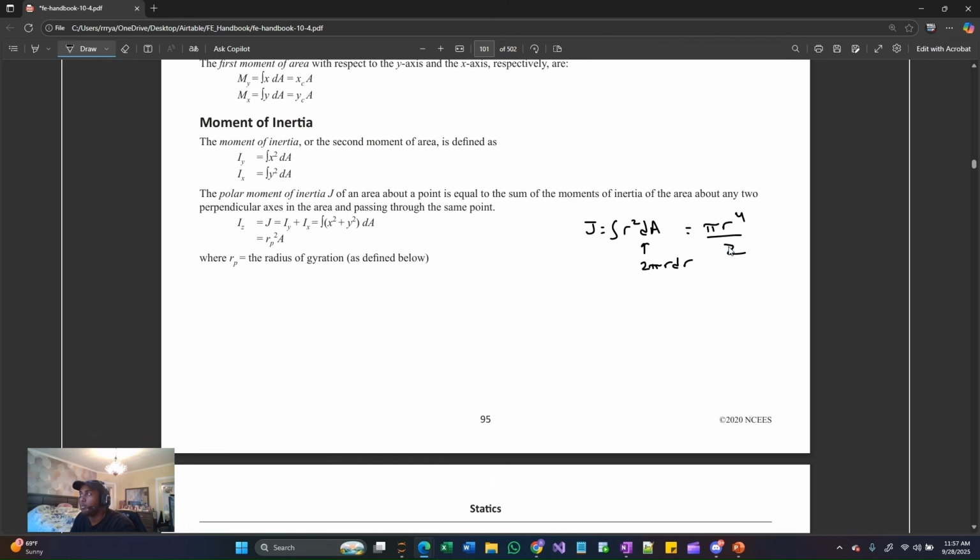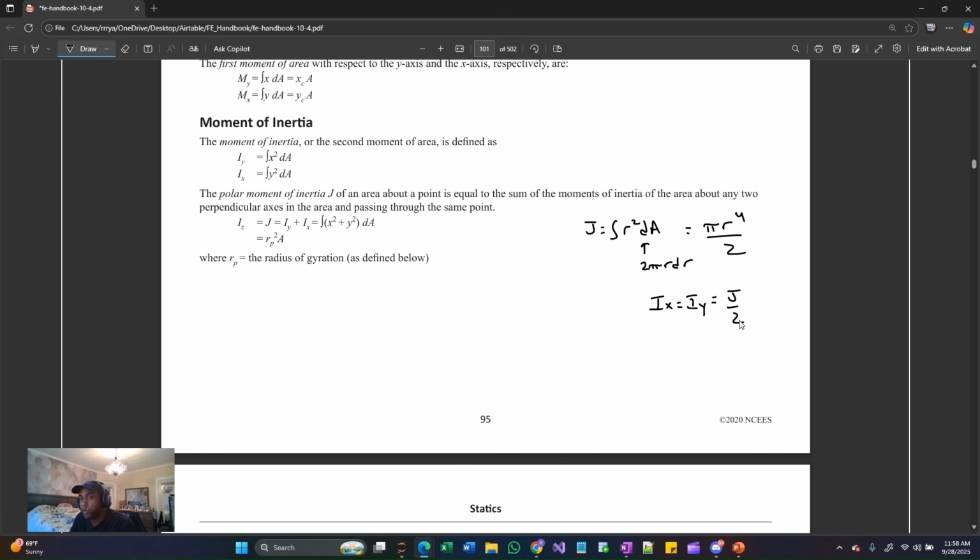Now that's the polar moment of inertia for a circle, and I usually quickly do the derivation just like this in order to get the polar moment of inertia for a circle. And I've done it so many times that I recall the polar moment of inertia. And there's this special property for circles due to symmetry that the moment of inertia in the x and y direction are equal. And they're actually equal to half of the polar moment of inertia. Right?